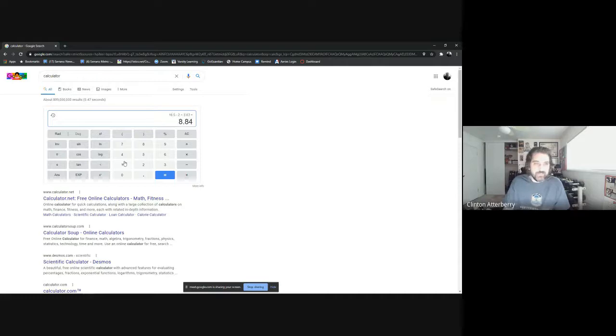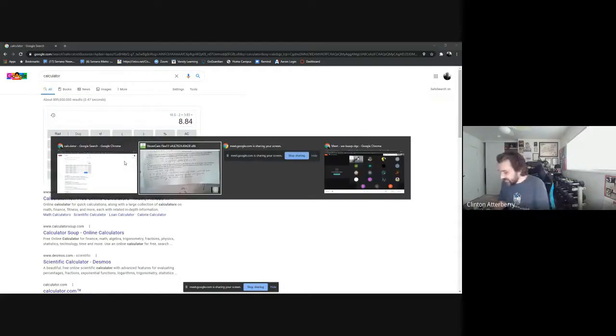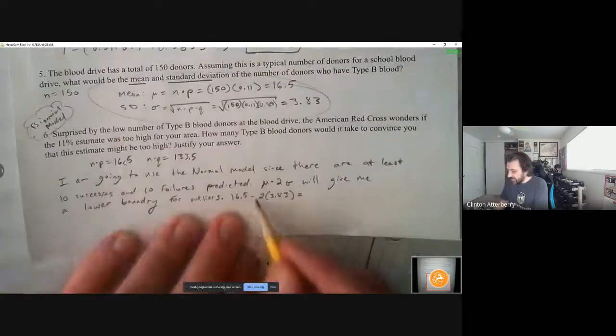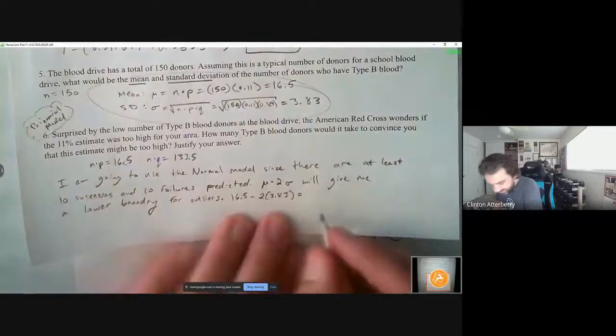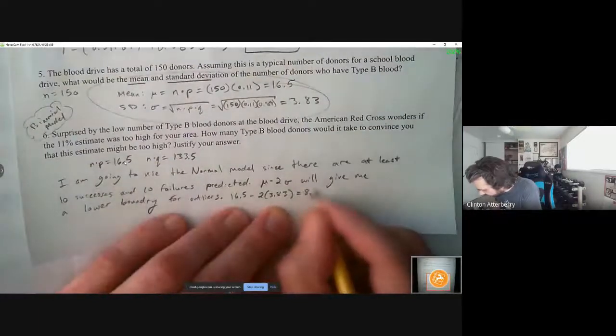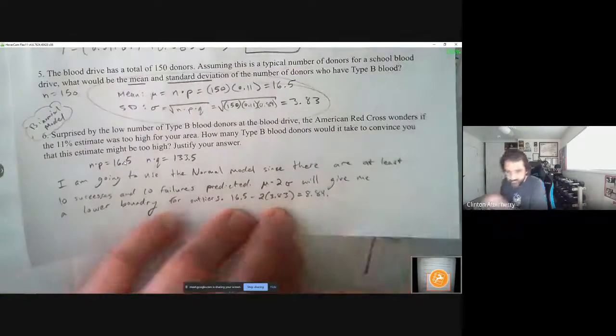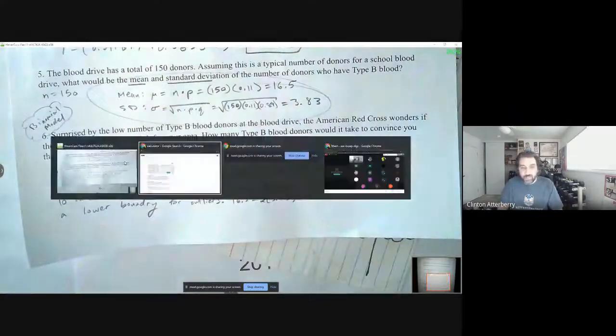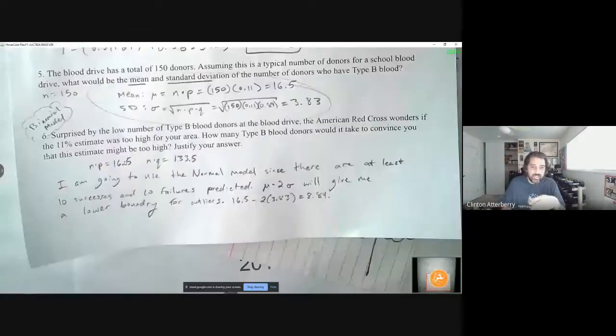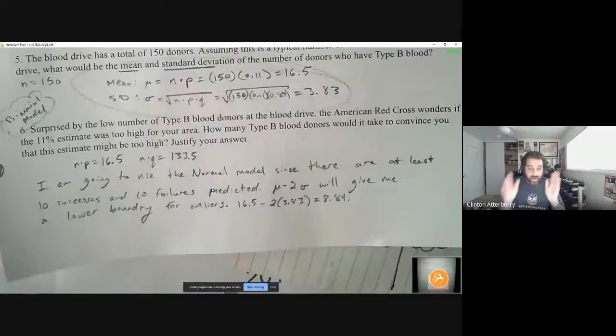So once again, I'm using the mean minus 2 standard deviations. So I get 8.84. So 8.84 is where the boundary line lies.